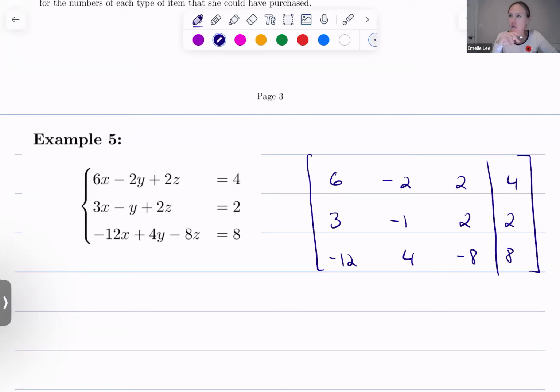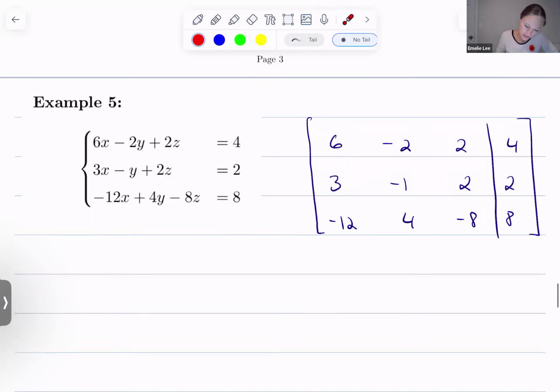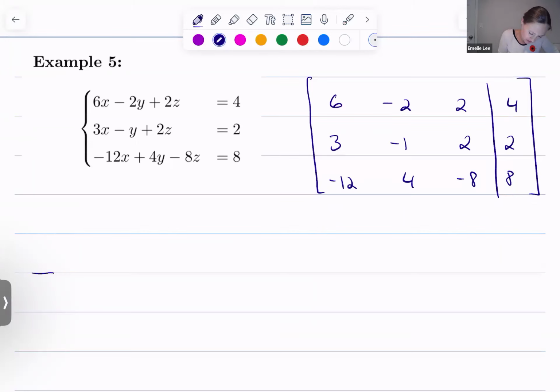Okay. Looks good. All right. So, first thing I'm going to do is keep this and use it and turn it into a 1, and then I'm going to pivot around it.